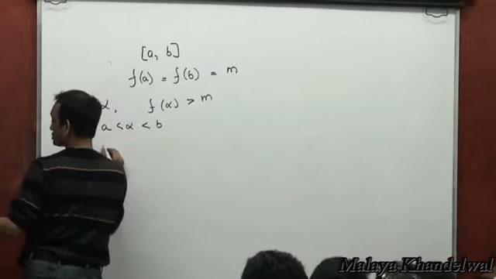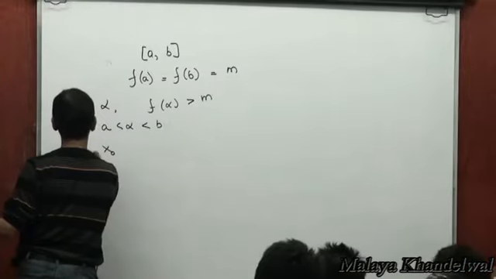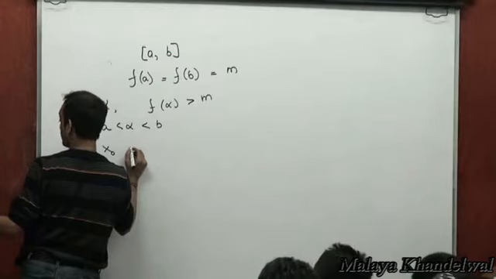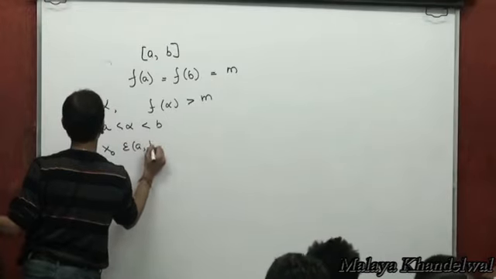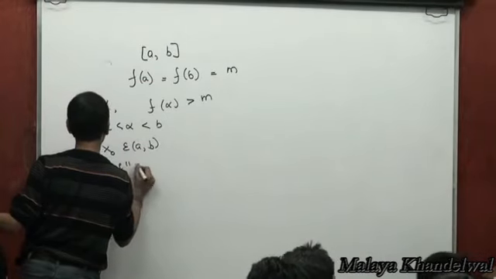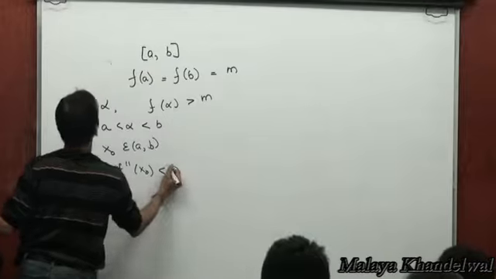The question is, does there exist an x naught belonging to (a, b), for which f double dash of x naught is less than 0?